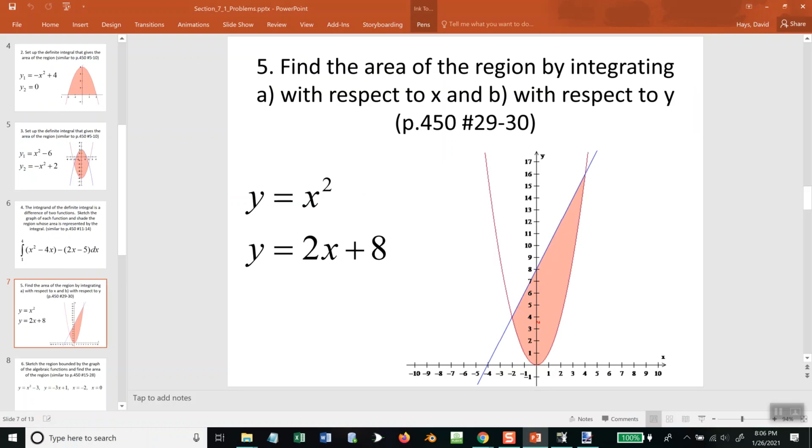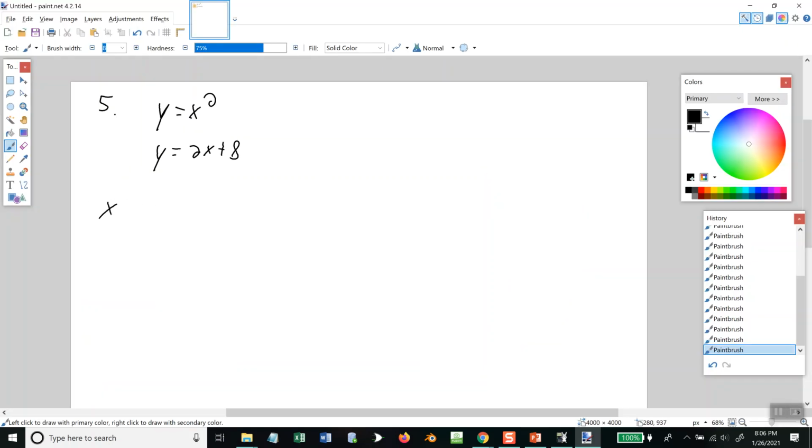Now we're not going to eyeball this from now on because we want it to be precise. So again, we have to find our points of intersection. So I'm going to set the x squared equal to 2x plus 8. Get everything over on one side, 0 on the other. Factor that.